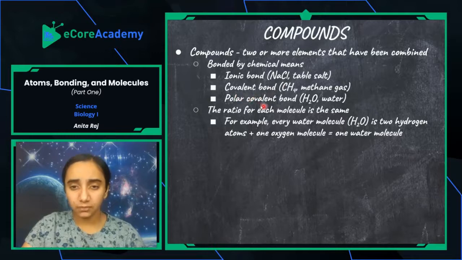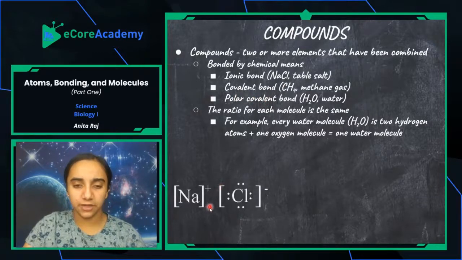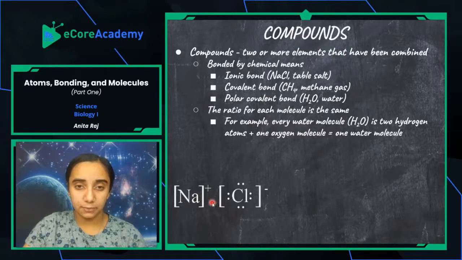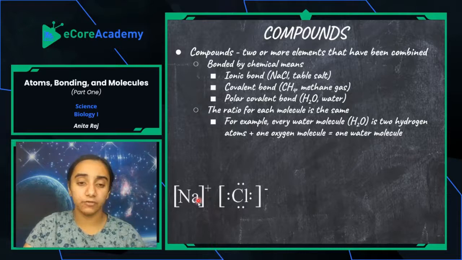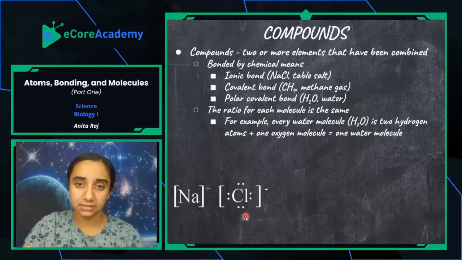I'll actually show you a picture down here. Sodium is in period 1 of the periodic table. It has one valence electron and it wants to get rid of it so that it can get a perfect octet and be stable. So it gives its one valence electron to chlorine, which has 7 valence electrons. It's a halogen, one of those highly reactive elements.